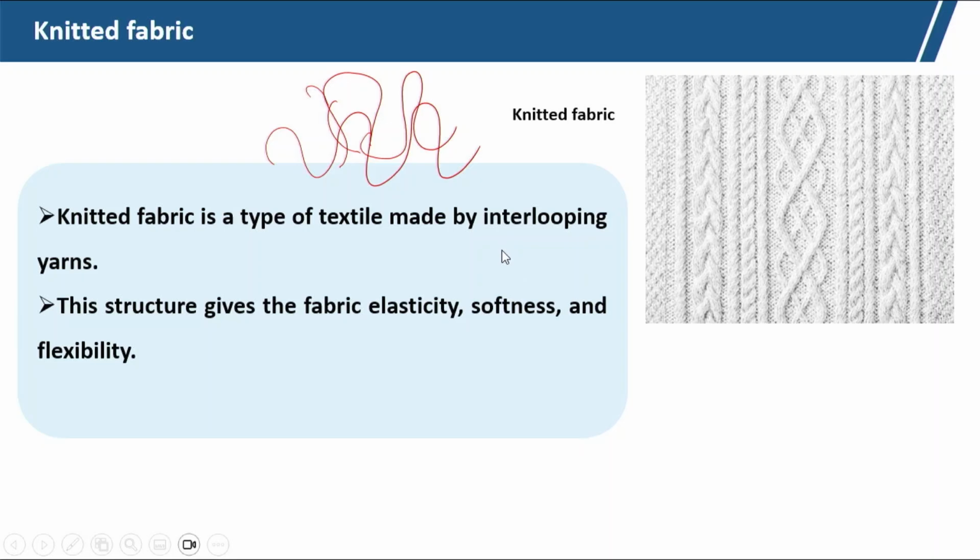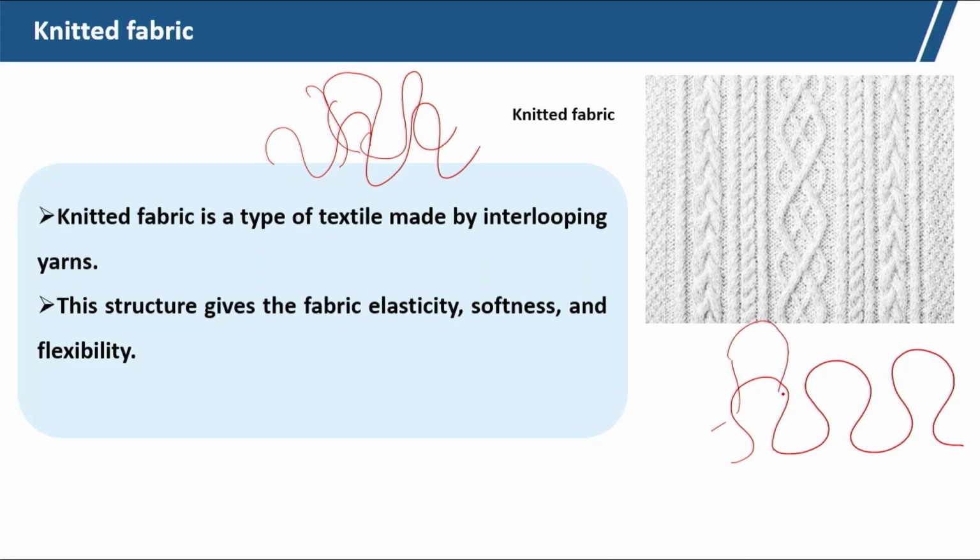So, due to the loop structure, suppose this is a weft knitted structure, this type of interlooping creates the knitted structure, and due to this loop structure these fabrics are elastic, soft and flexible.